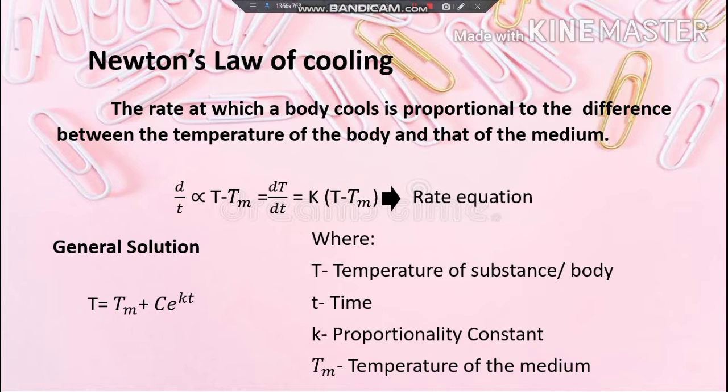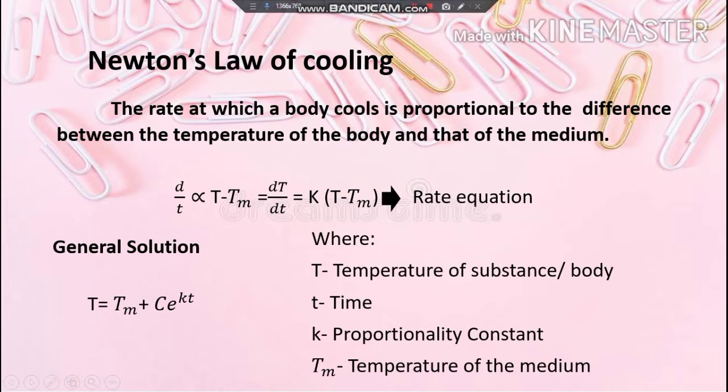The rate equation is dT/dt is directly proportional to T minus T sub m, which is the big T over the dt, or the time, equal to k times T minus T sub m. This is our rate equation, and through the rate equation we formulate the general solution, which is T equals T sub m plus c times e raised to kt.